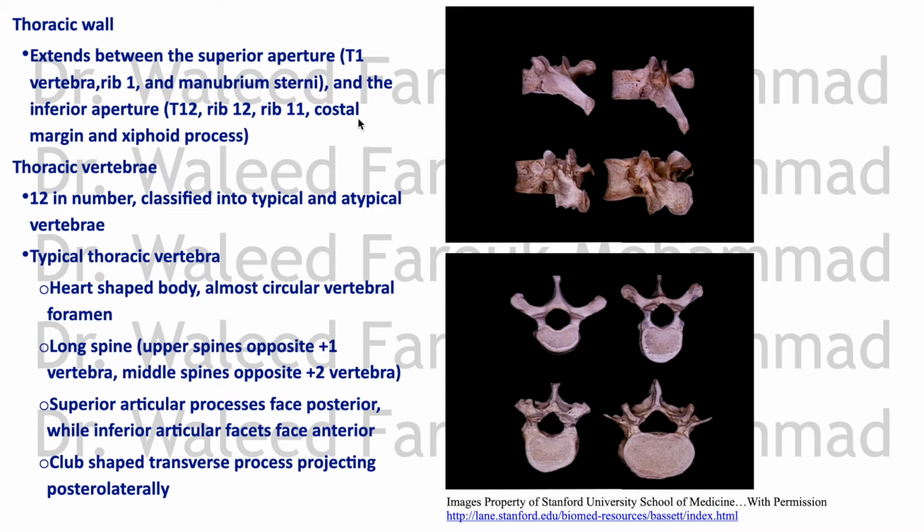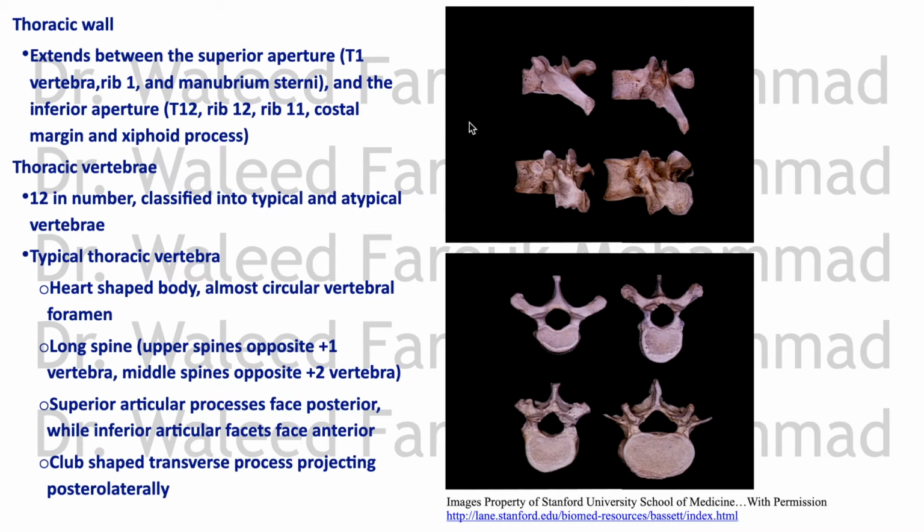The thoracic wall extends between the upper aperture, bounded by T1 and the first rib. You know all that. We studied this with the root of the neck. And below by the lower or inferior aperture, which is plugged by the diaphragm. But we are talking about bony prominences here, from T12 and rib 12 to rib 11 to the costal margin to the anterior xiphoid process. This is the inferior aperture.